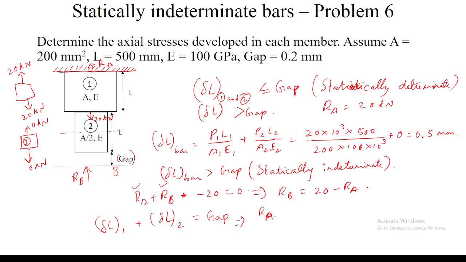Here RA is actually unknown. In the last case, for statically determinate, we substituted RA equal to 20 into 10 power 3, which means 20 kilonewton. Here, both RA and RB are unknown. So what I will do, I will substitute RA into 500 divided by 200 into 100 into 10 to the power of 3, plus what is the delta L of the second bar?